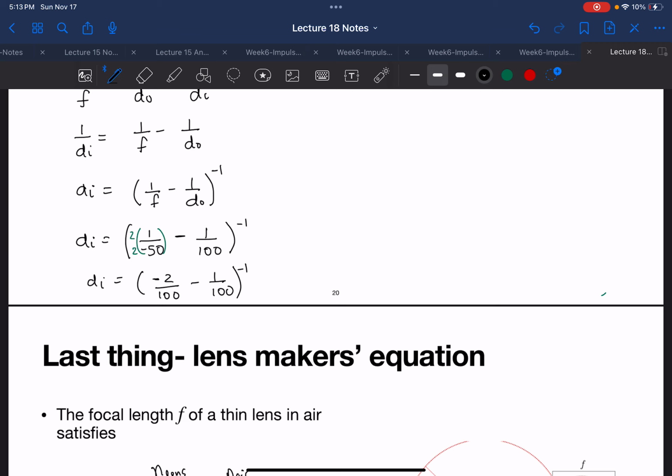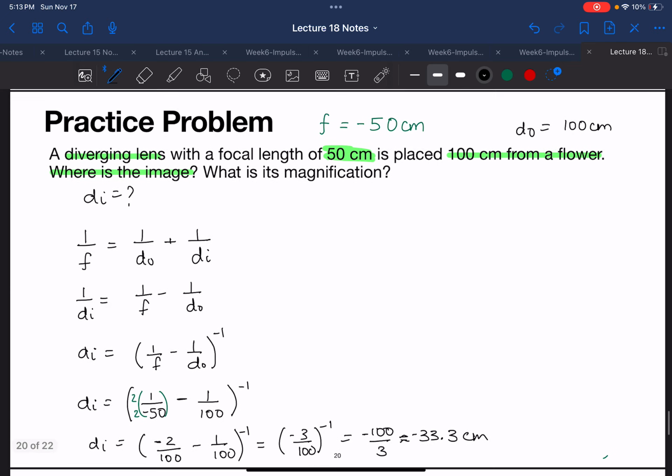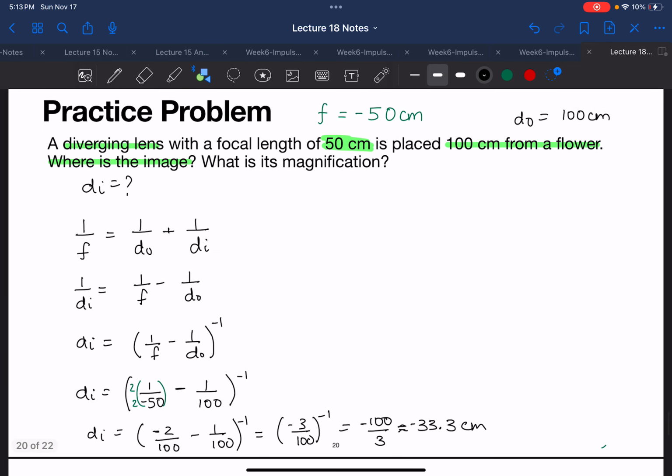And then this is equal to negative 3 over 100, all to the minus 1, which gives us 100 divided by 3, still negative. And that's negative 33.3, about 33.3 centimeters. So we're getting a negative image distance. We're getting a virtual image. Let's go ahead and confirm if this checks out.